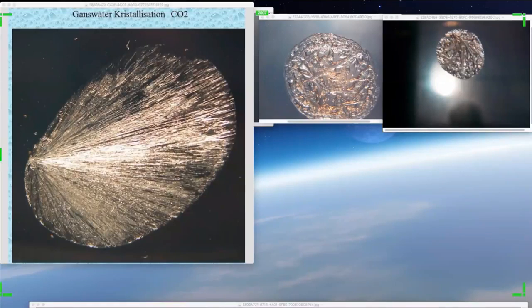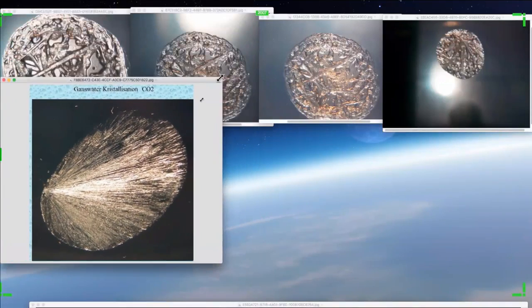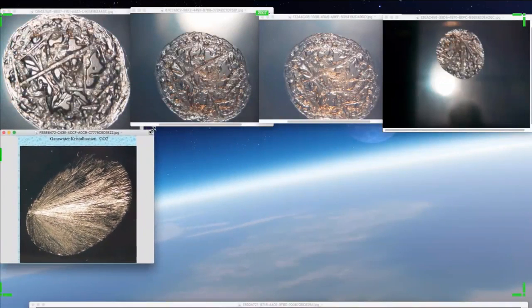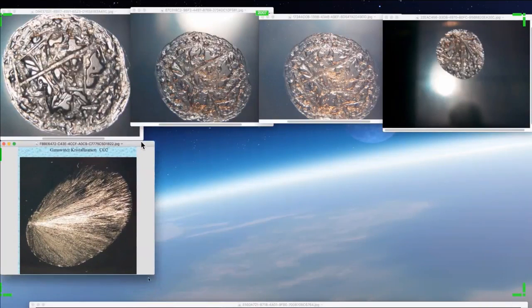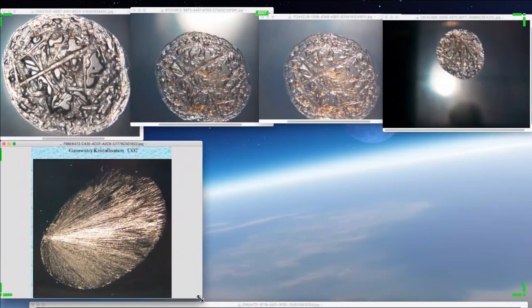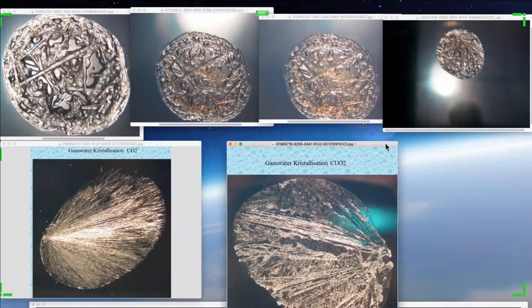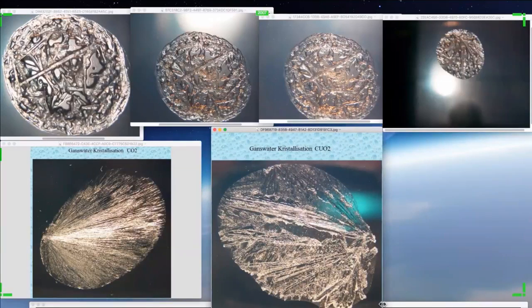Is that okay to obscure the other two, or do you want them shown? Yeah, reduce this to the bottom, please. Okay. And we have another one similar. Put beside it. Okay.